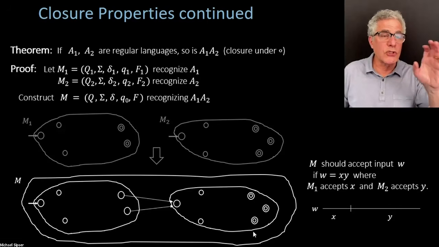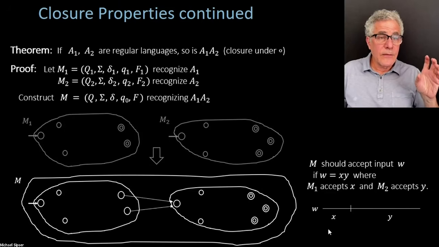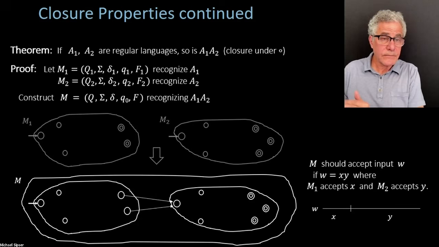But actually, this reasoning doesn't work. It's tempting, but flawed. Because what goes wrong? What happens is that it might be that when M1 has accepted an initial part of W, and then it wants M2 to accept the rest, it might fail because M2 doesn't accept the rest.